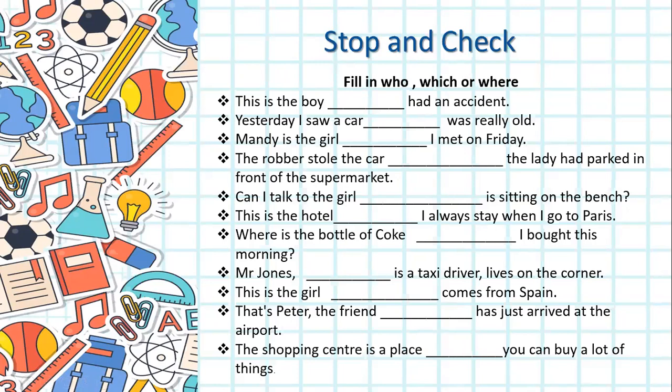Next person. Where is the bottle of Coke which I bought this morning? Of course. Next one. Mr. Jones. Who is going to read about him? Mr. Jones, who is a taxi driver, lives on the corner. Yes. You are going to read.